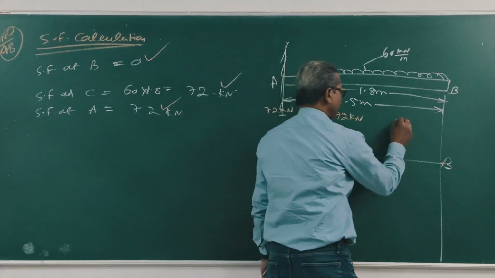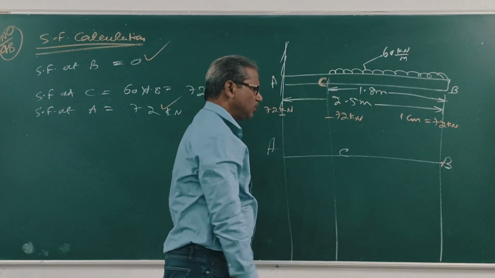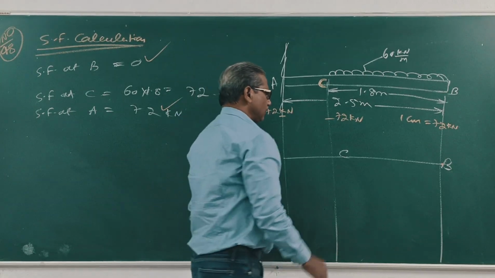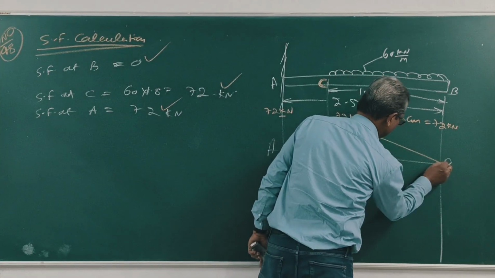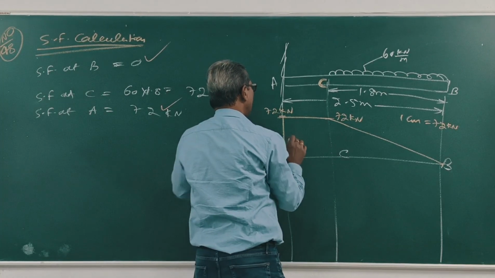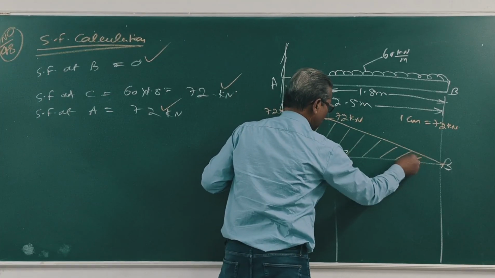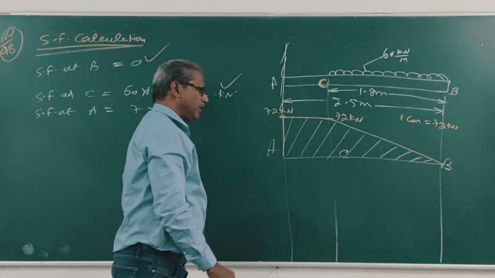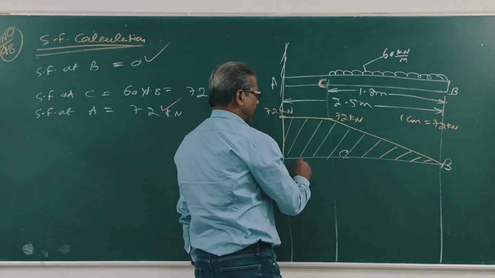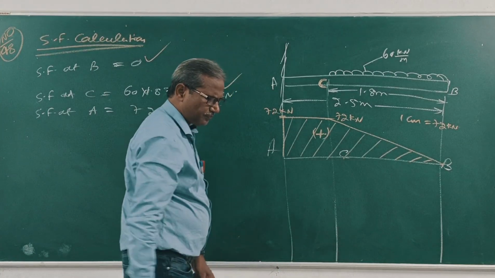Take a scale of 1 centimeter equal to some kilonewton. Clear? So join from B to C. ABC, all are positive, so all are above the baseline. This is positive. Clear?